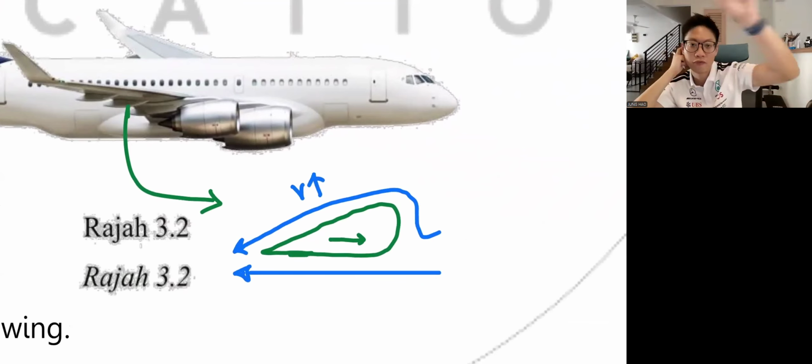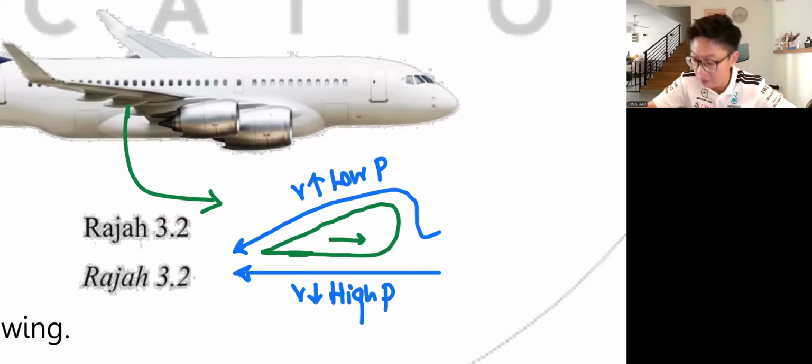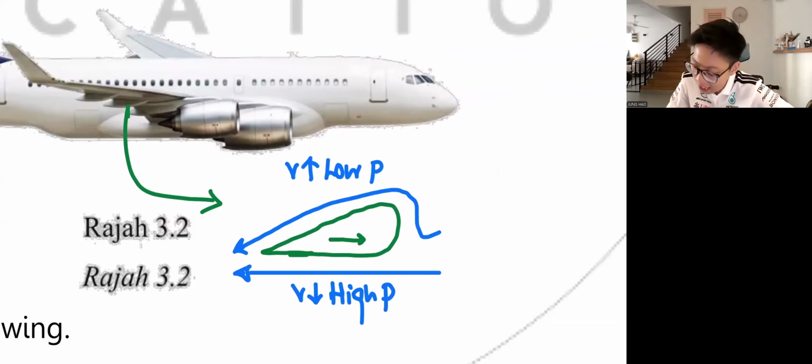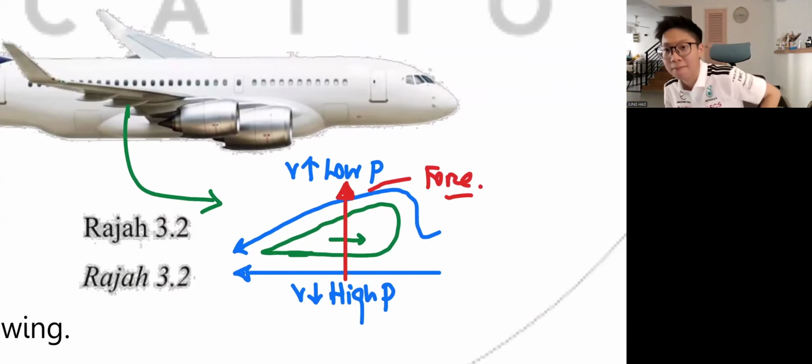If it goes very far, the velocity is very high, so here you will have a low pressure region. Here you have low velocity, therefore high pressure. The bottom part is high pressure, so the high pressure will push towards the low pressure, and you will produce a force that pushes the wing up.